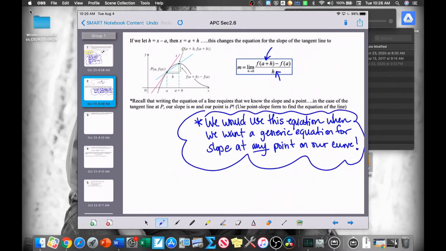So that's the distinction between these two equations for slope that we are given in our notes.